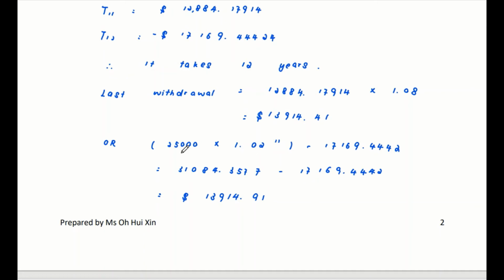But in this case, remember also for the withdrawal, you must know after how many indexings, what is the withdrawal that was supposed to happen at the 12th year, but you don't have enough money to do that. So this is the money that you should withdraw if your account still had enough money. So you use this amount to minus off this, and you'll be able to get exactly the same answer. Alright, so that's the part for indexing.